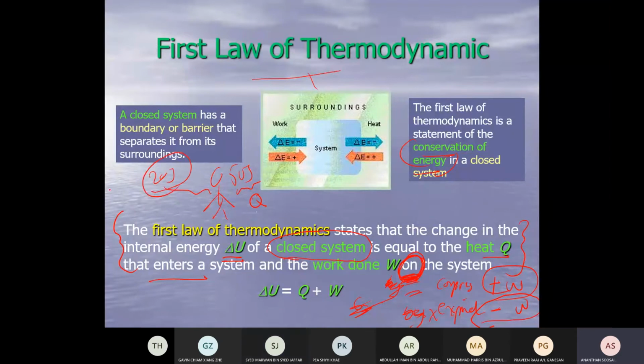But you only did 20 joule of work, W, maybe negative 20 joule because you did work. So what will the body do? The 30 joule is going to be stored as fat, as stored energy. Change in U equals Q plus W. Q is the food of 50 joule, but you did work, so negative 20 joule. The balance of 30 joule is your change in internal energy. Your body stores energy as fat.